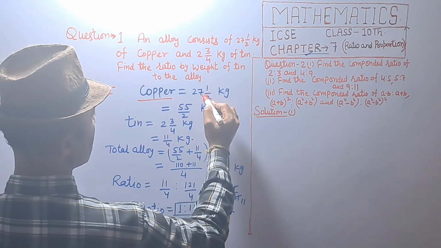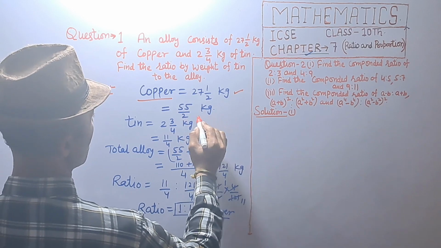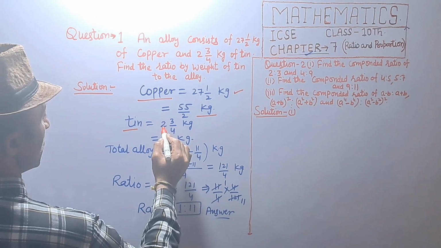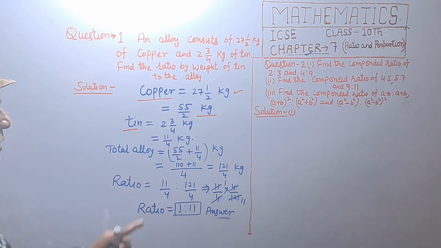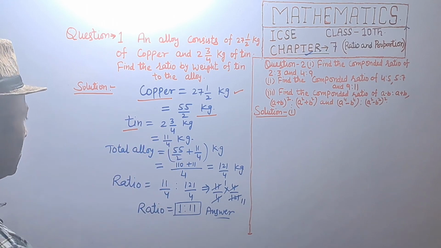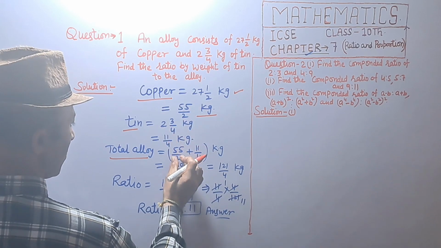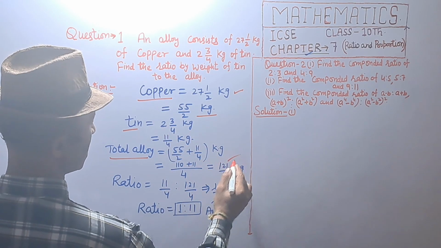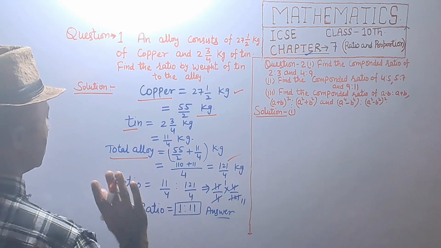Copper is equal to 27 whole 1/2 kg, that is 55/2 kg, and tin is equal to 2 whole 3/4 kg. 4 2s are 8, 8 plus 3 11, 11/4 kg. Total alloy is equal to 55/2 plus 11/4 kg, that is equal to 121/4 kg.